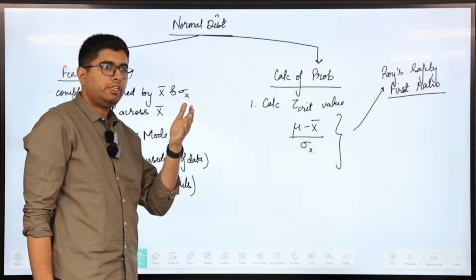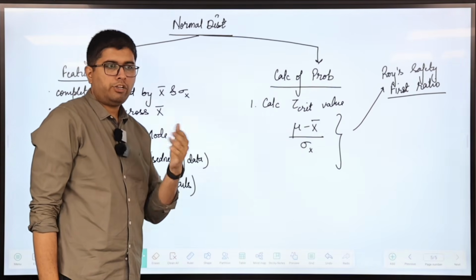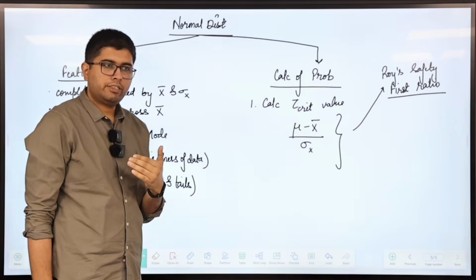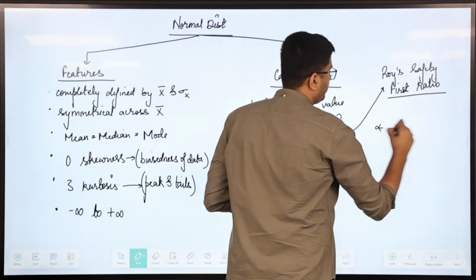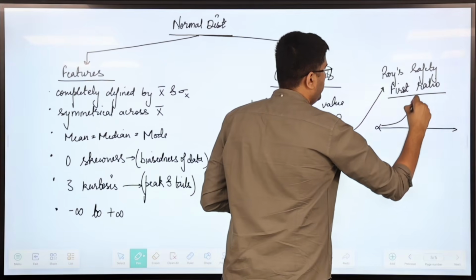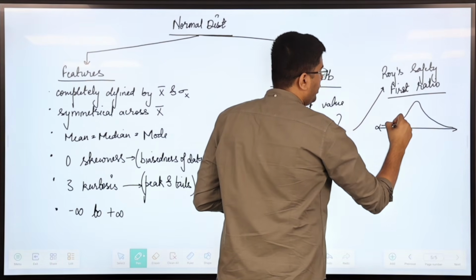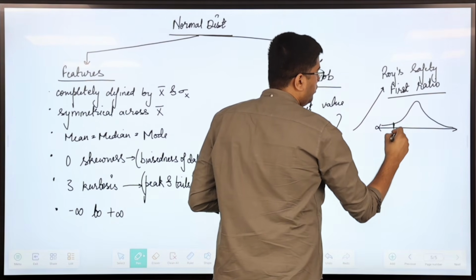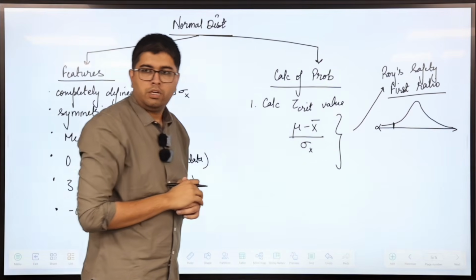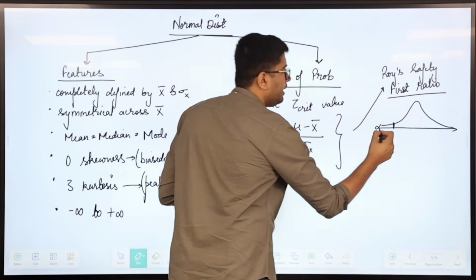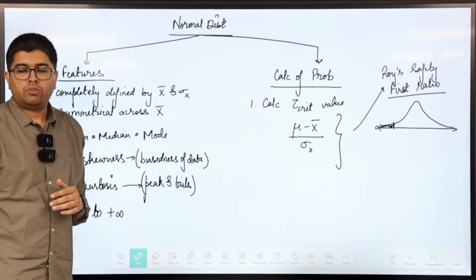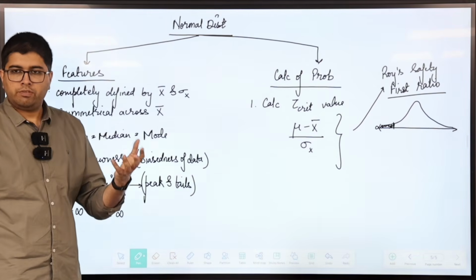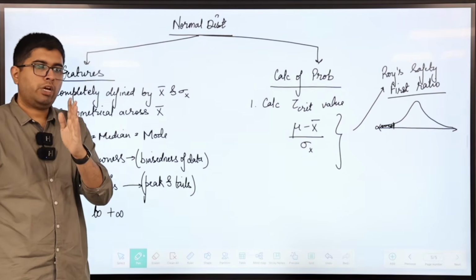So Roy's safety first ratio is nothing but an application of this formula. And shortfall risk is the probability that your actual returns will fall less than the threshold. So if Roy's safety first ratio on distribution is telling you the Z critical value of this point, shortfall risk is this area below. So like we do with normal distribution with graph, we should be able to calculate distance.